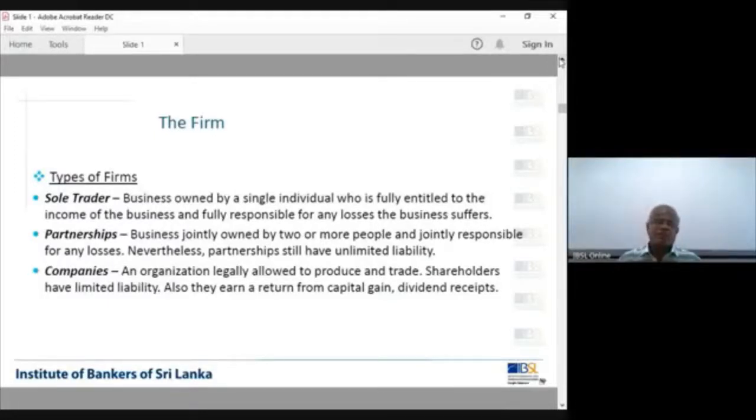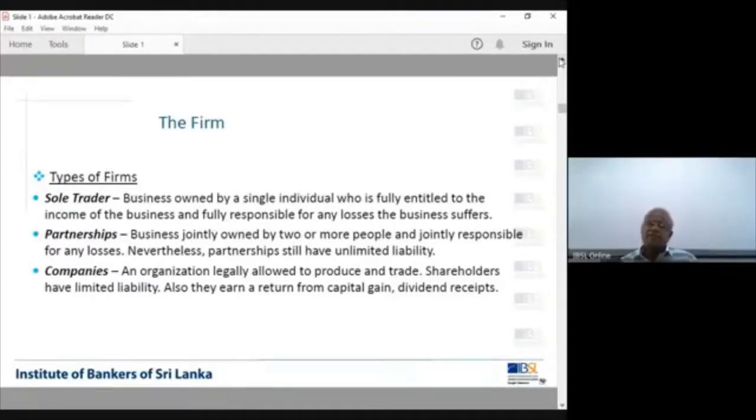In other words, partnerships: a business jointly owned by two or more people and jointly responsible for any losses. Nevertheless, partnerships still have unlimited liability. Unlimited liability, what does that mean? At the end, if you are going to liquidate, shut down the firm, all the debts should be settled by selling.